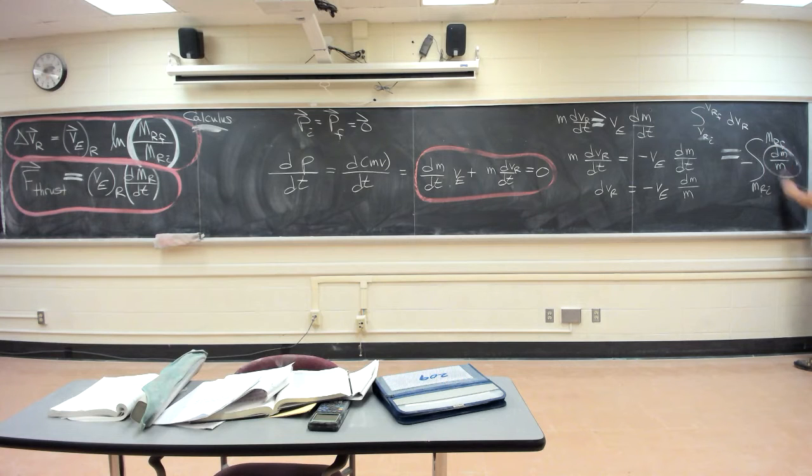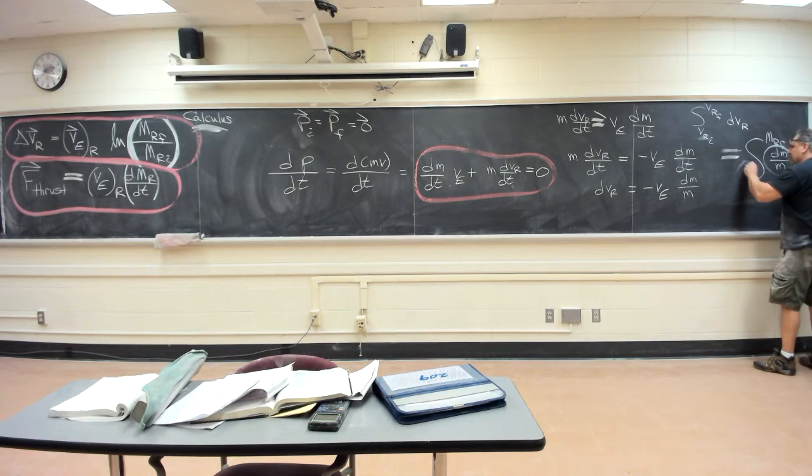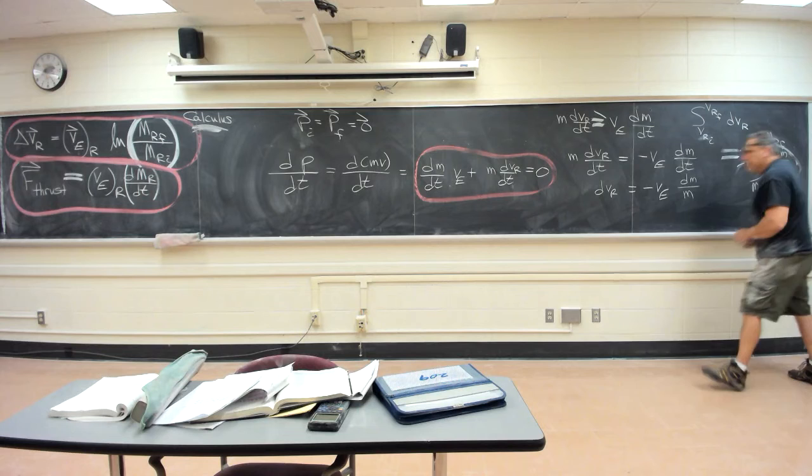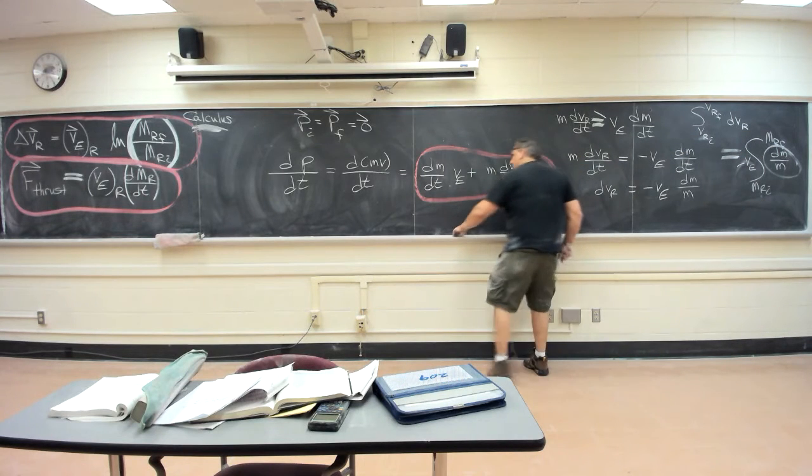Well, this integral is a famous integral. It's the natural logarithm. There's a VE right here. So let me see. I didn't put a VE here. I'm sorry, guys. VE right here, and there's a negative. So sort of running out of room a little bit.